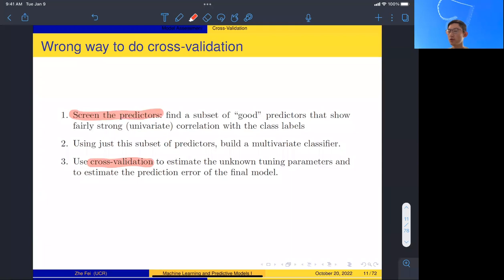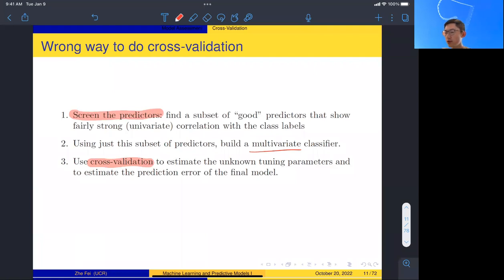You could use a linear or marginal model, a univariate correlation, to do this screening. After screening, you use just this subset to perform cross-validation, with a multivariate model, or a penalized regression or any shrinkage method.